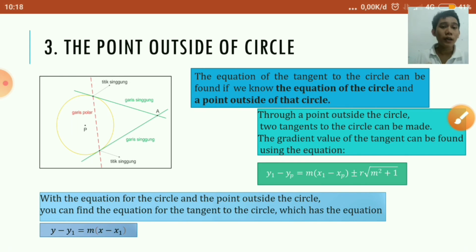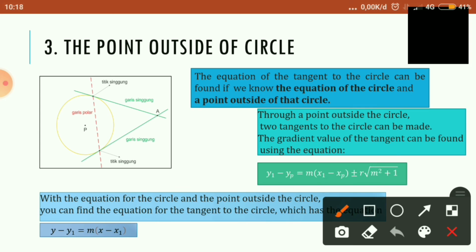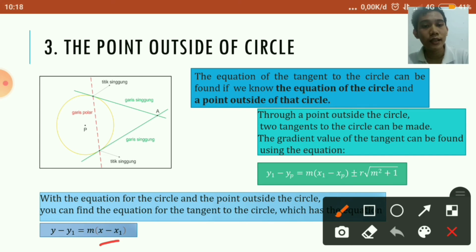Okay, with the equation of the circle and the point outside of the circle, you can find the equation of the tangents to the circle. The equation is y − y1 = m(x − x1).